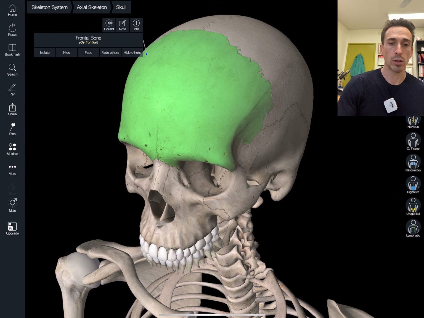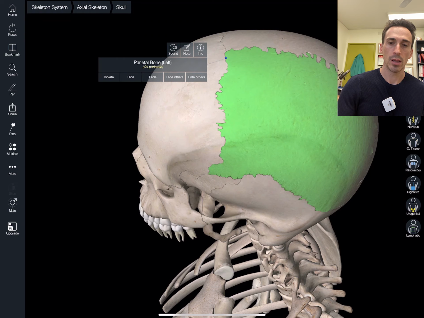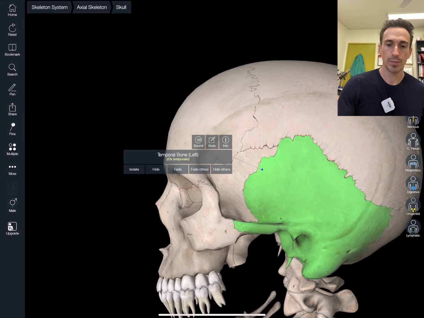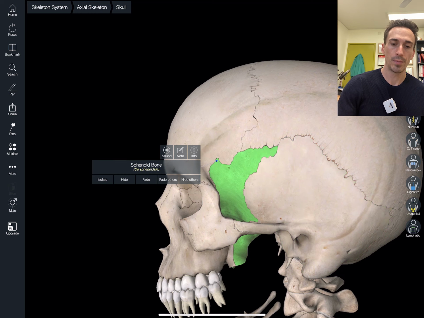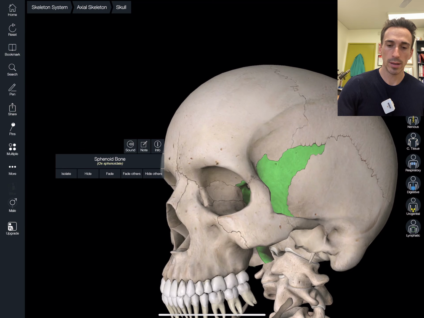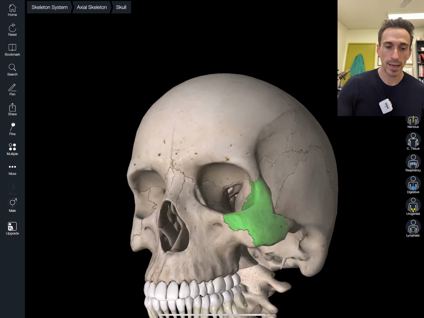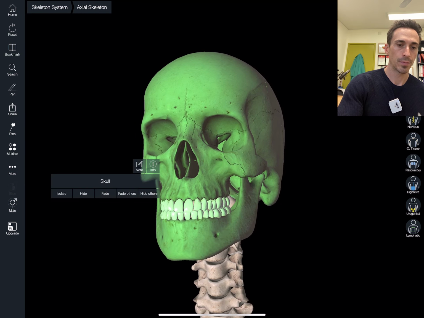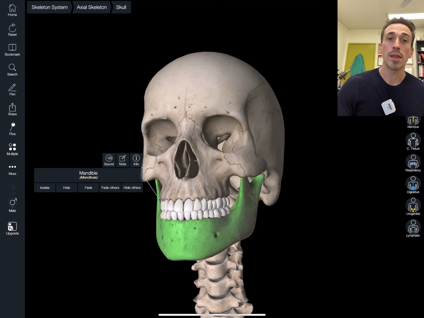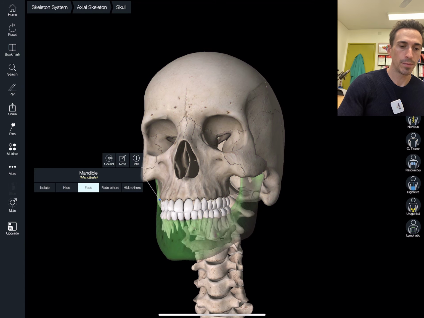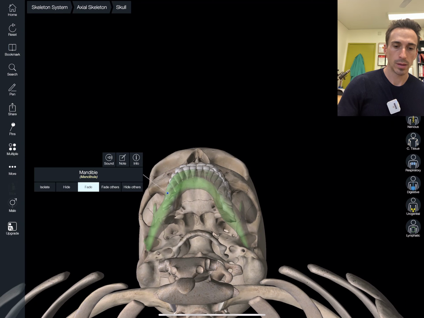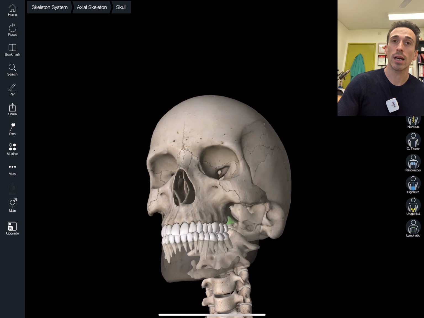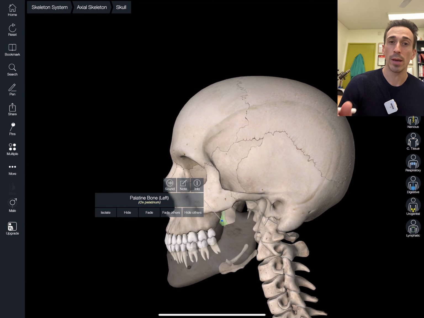The bones of the skull include the frontal, the parietal, the occipital, the temporal, the sphenoid, then we've got the zygomatic, the maxilla, the mandibular or mandible, and the palatine. These are bones of the skull that you need to know and be aware of.